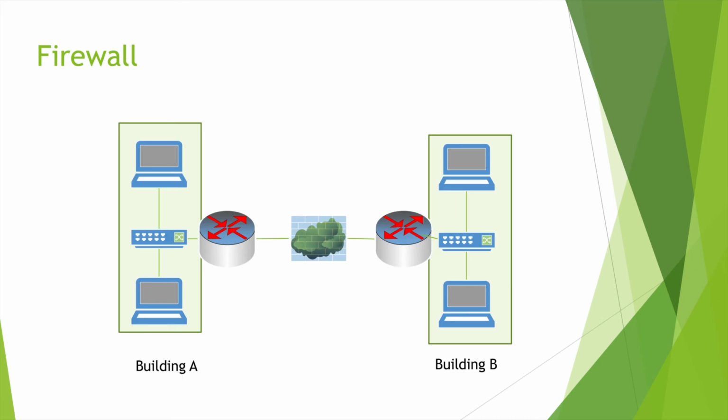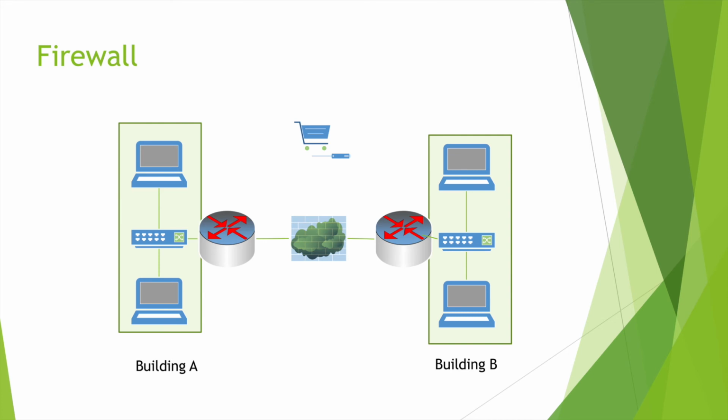Just like the previous slide, we have building A and building B connected to each other using routers. But what if we have information which is really sensitive, for example, credit card information?